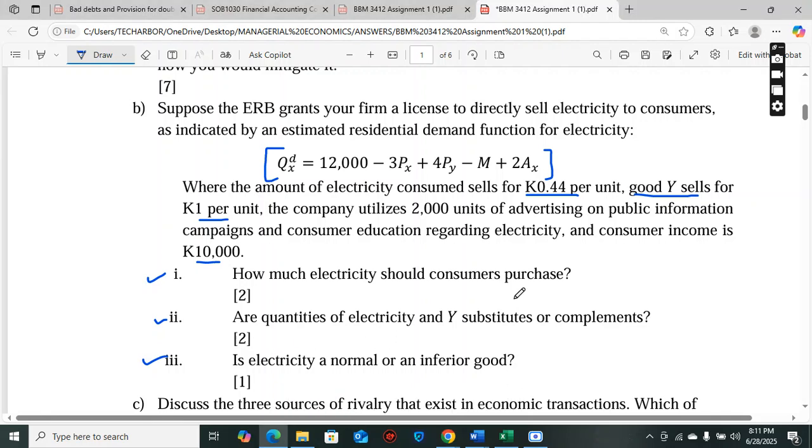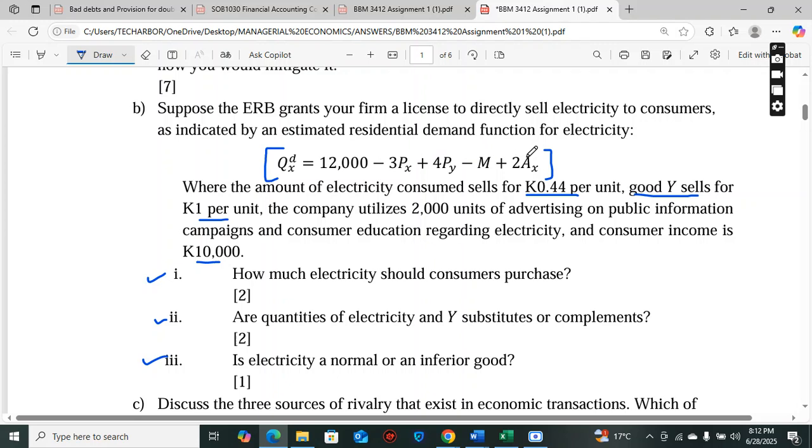So before we begin solving this question, we have to understand what is happening here. We've been given this demand function for electricity: QD equals 12,000 minus 3PX plus 4PY minus M plus 2A.